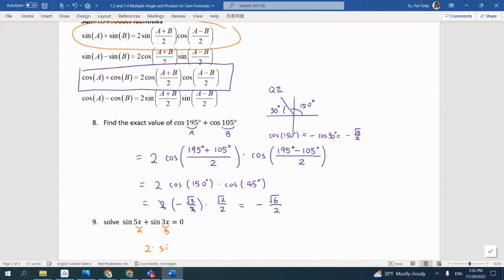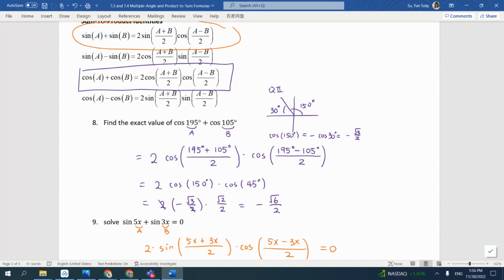So 2 times sine, A plus B over 2, 5x plus 3x over 2, times cosine, A minus B over 2. We're using the first formula.